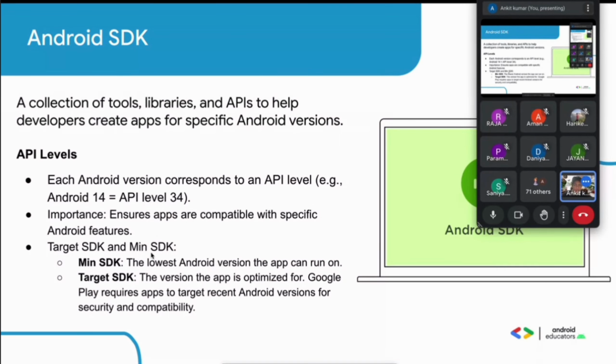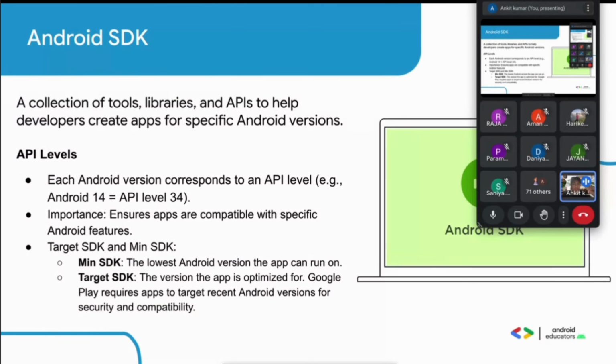So that's what we have in Android. You will specify the minimum version that your application is going to work on. We call it the min SDK. And then there is a target SDK, which is the specific highest version, you could say, that you are going to target your application to work on. There will be a chance where some APIs are available in 34 but not available in, maybe, 2021, right?